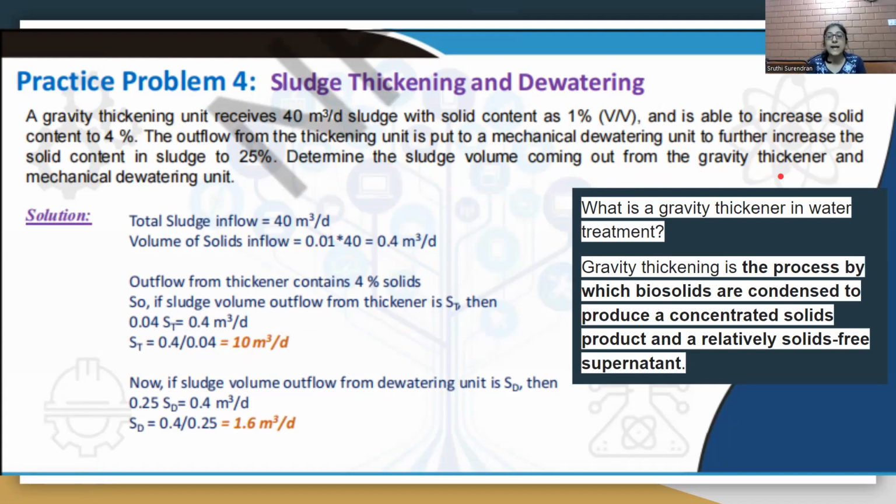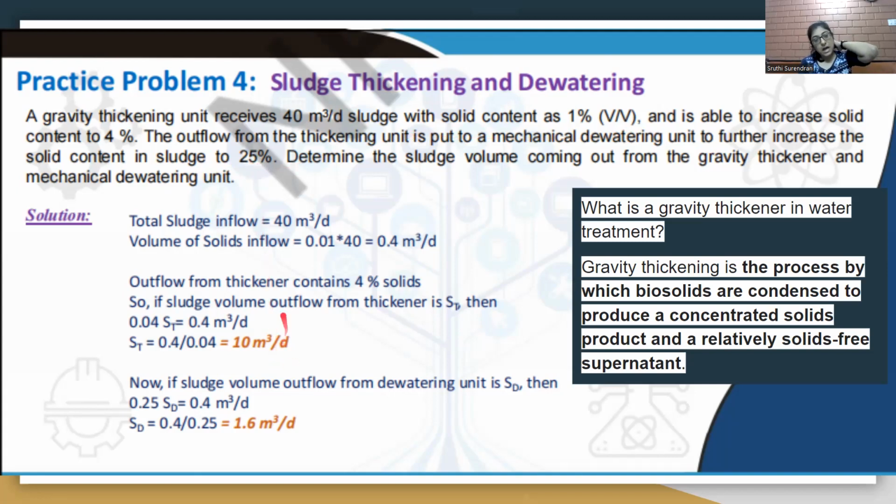Now they want us to calculate the sludge volume that is coming out of the mechanical dewatering unit. Like the gravity thickening unit is concentrating the solid to 4%, this mechanical dewatering unit is concentrating the sludge to 25% solid content.